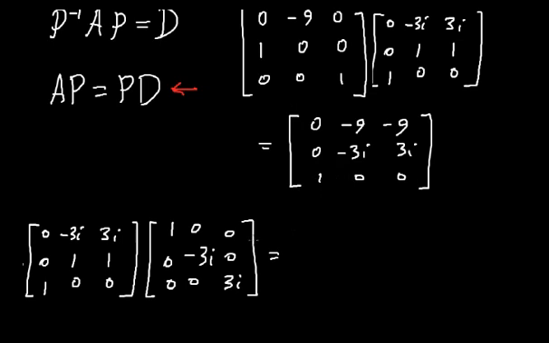Now, let's see what this matrix product is. And we already should know at this point that multiplying something by a diagonal matrix results in the same matrix whose columns are now simply stretched by the factors appearing in the diagonal entries.